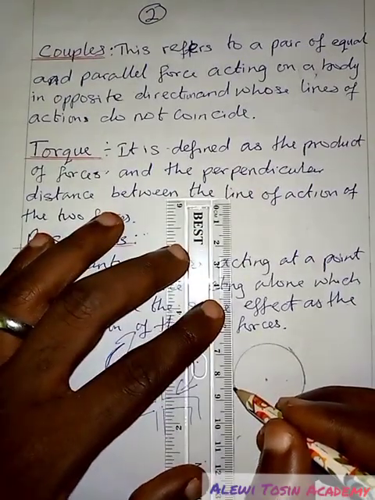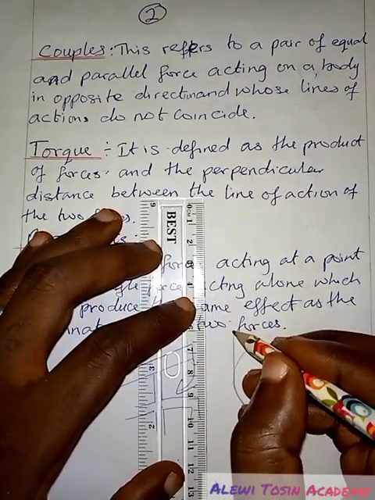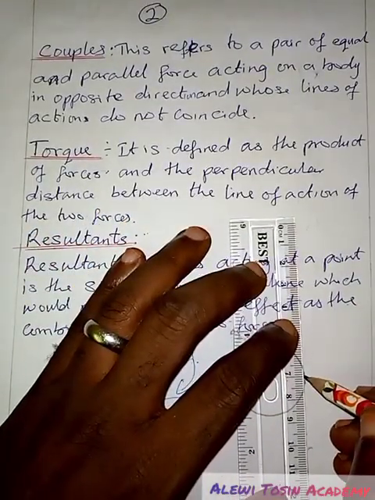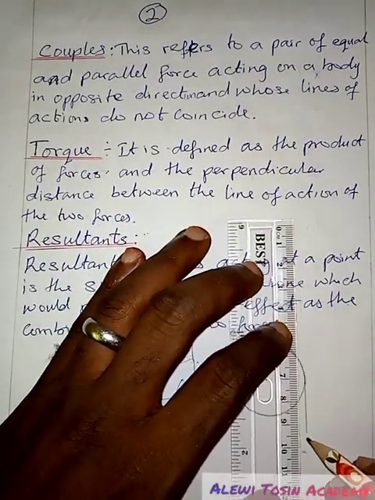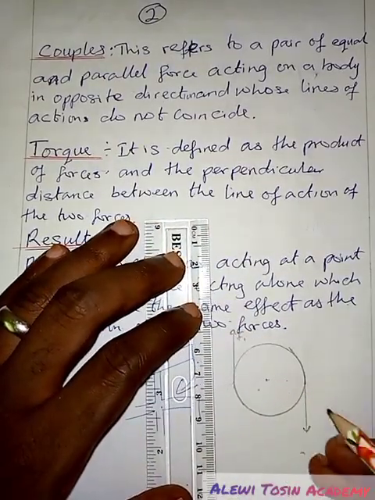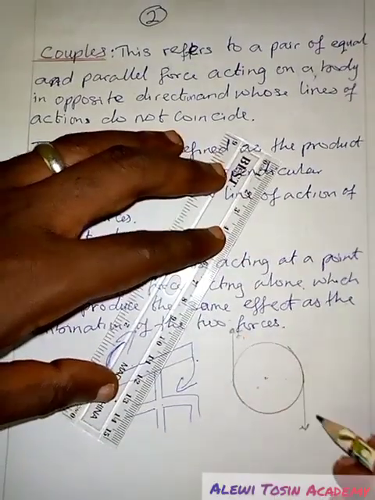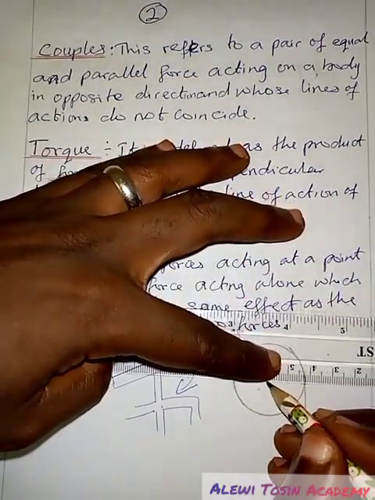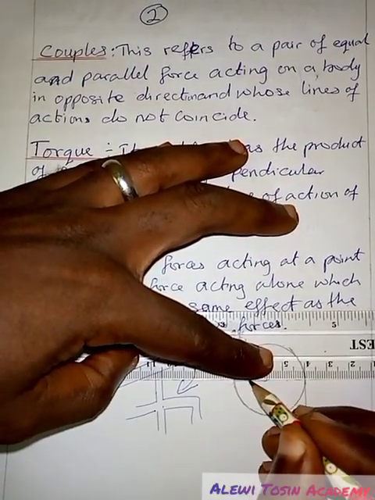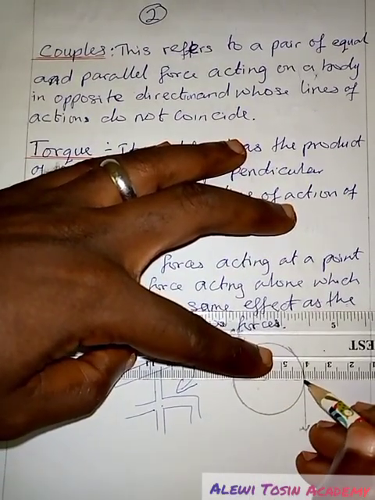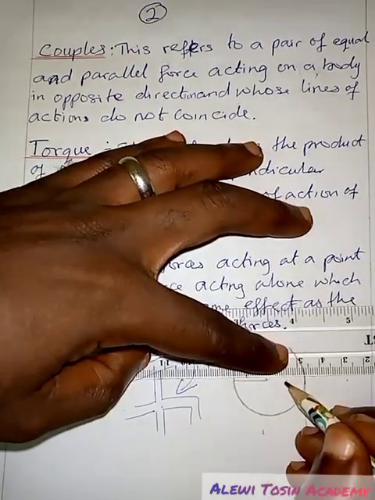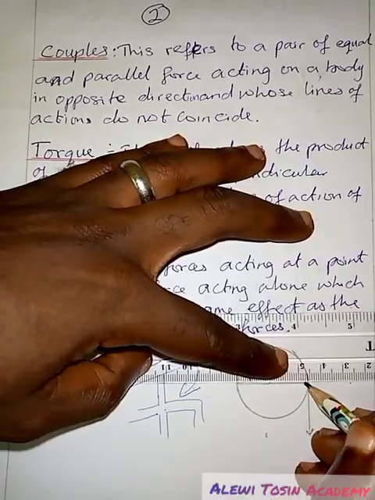A force acting this way, let's call this F1. Another force acting downward. This is a downward force. For this to be at equilibrium, this force F1 is equal to this force. Now, this being the center of the circle, it means that this is the radius.